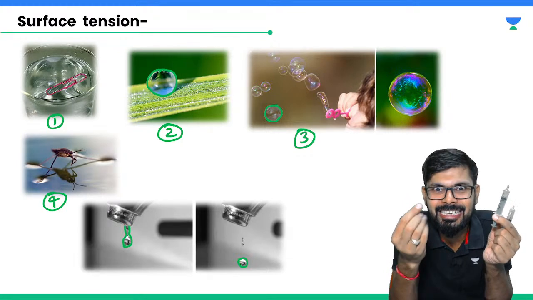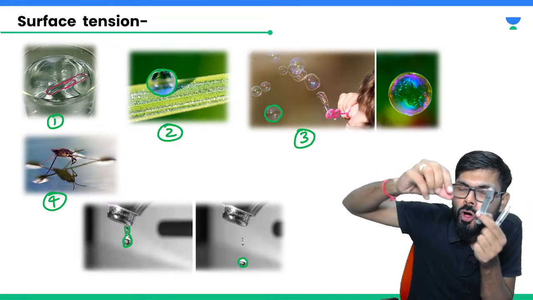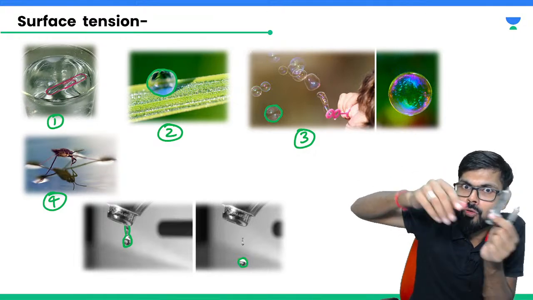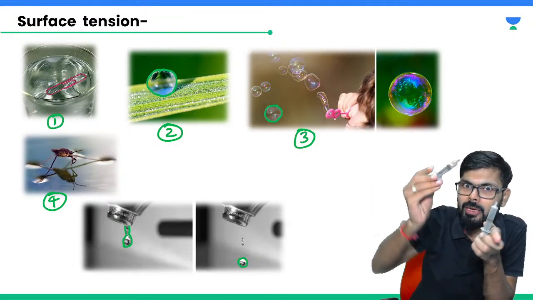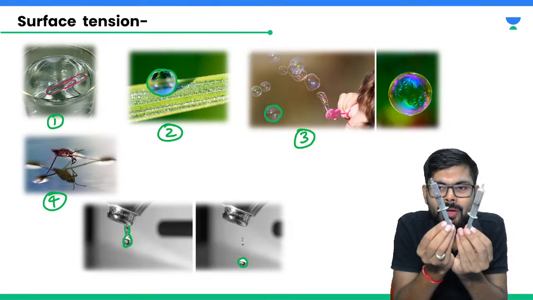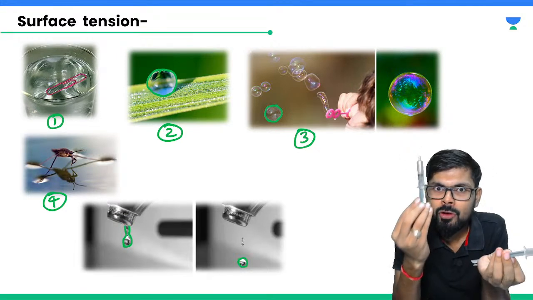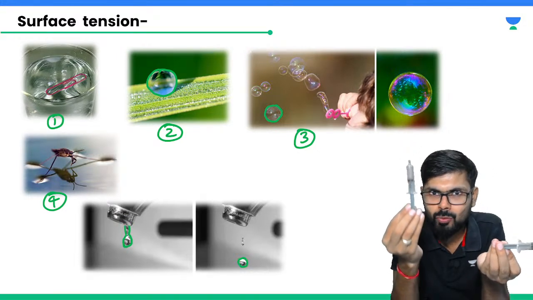Surfactant means detergent. Dissolve detergent and take that detergent water into the syringe. Now what do you have? You have 2 syringes: in one we have pure water, in the other we have water plus detergent.